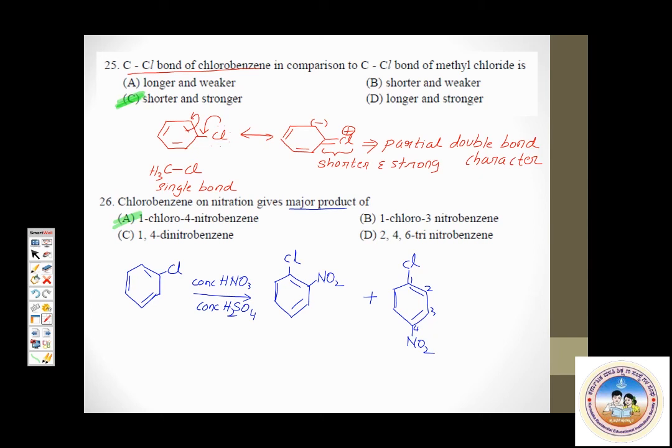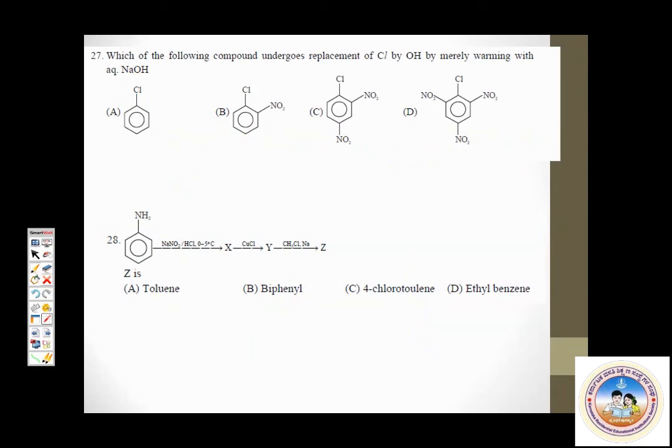Next, question number 27. Which of the following compounds undergoes replacement of chlorine by merely warming? You just have to warm it. You don't have to heat it too much. We discussed that in the synopsis part. So more nitro groups, faster the reaction, or the reaction requires milder conditions.